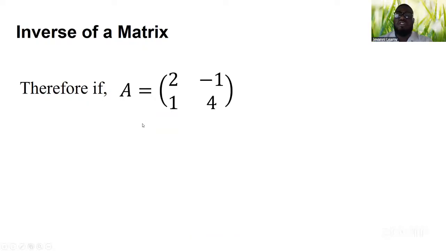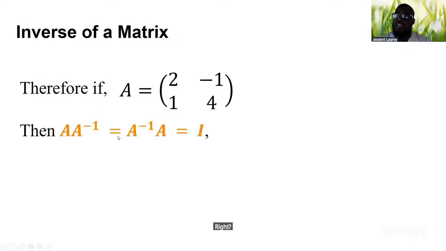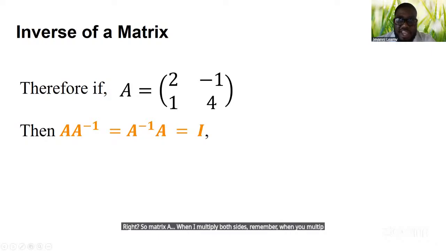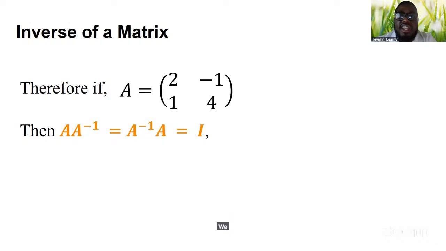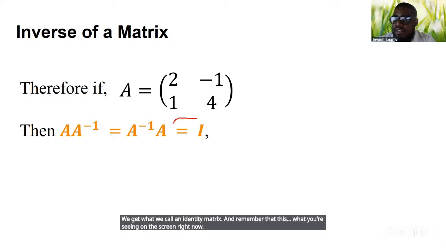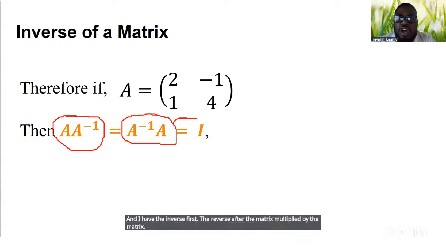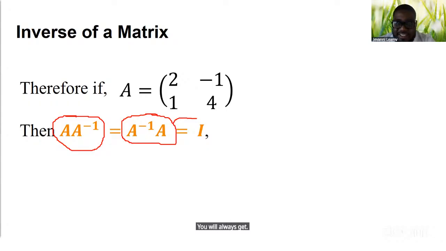So the inverse of a matrix, so you have this matrix, you have matrix A, right? So matrix A, when I multiply both sides, remember, when we multiply a matrix by its inverse, we get what we call an identity matrix. And remember that this, what you're seeing on the screen right now, is commutative. So matrix A times its inverse, and even if you switch it around and have the inverse first, the inverse of the matrix multiplied by the matrix, you will always get an identity matrix.